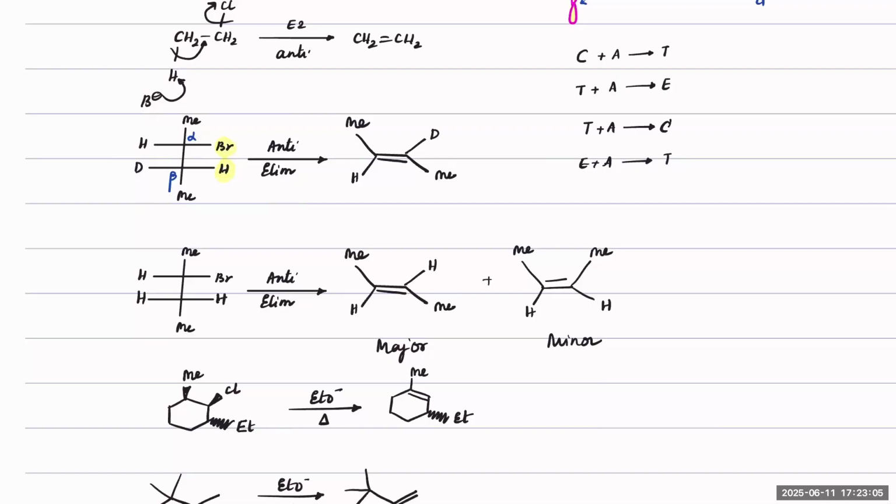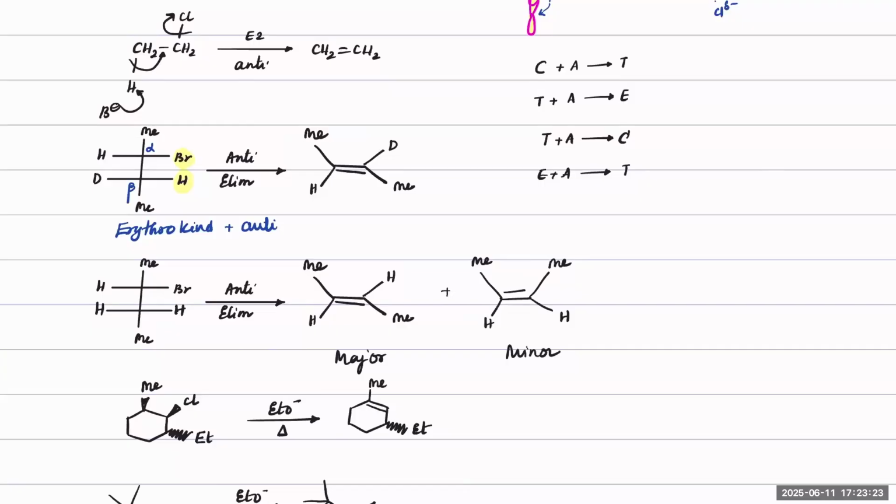Okay. If the removal groups are on the same side, that is called erythro, right? This is an erythro. And for erythro, you are performing an anti-elimination. Correct? What do we get here? You know that we will get the same form here which we discussed earlier. This is E, erythro.